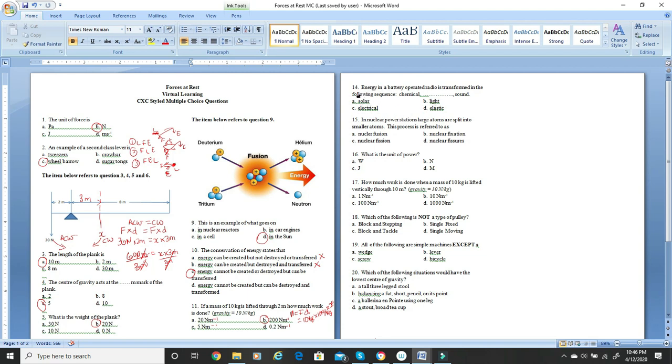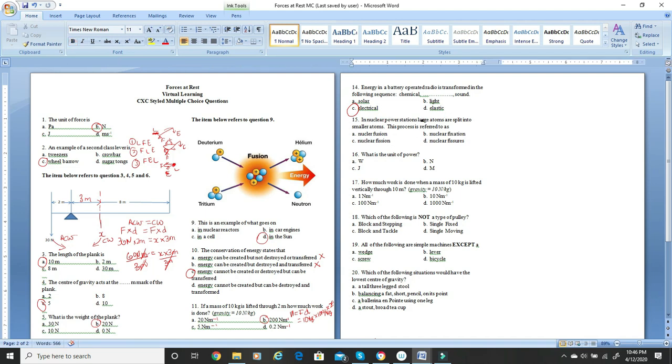No biggie. Now, energy in a battery operated radio is transformed in the following sequence. If you have a battery, you're going to start off with chemical energy, and then it's going to travel through the wires, so we have electrical energy, and then we're going to have sound.